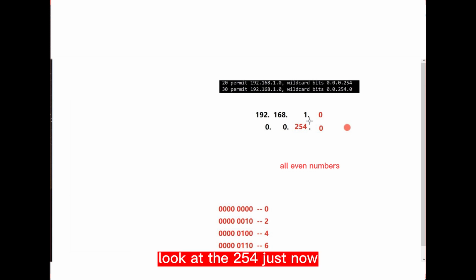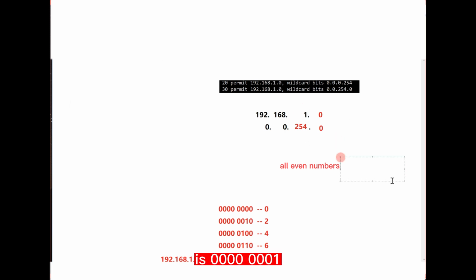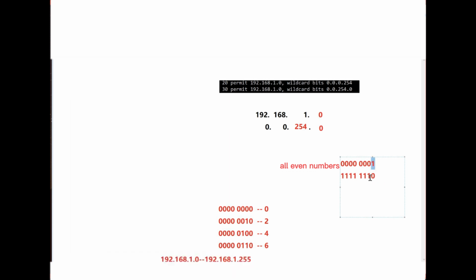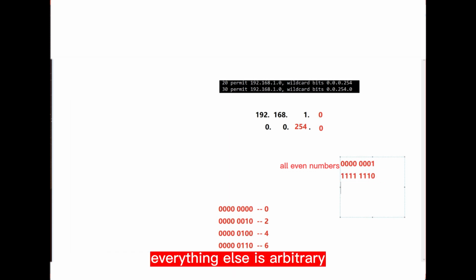Look at the 254 just now. It was just the last octet. Now this 254 is placed in the middle. The last octet is 1, that is 00000001, and the 254 is 11111110. It represents that except for the last bit being 1, everything else is arbitrary.